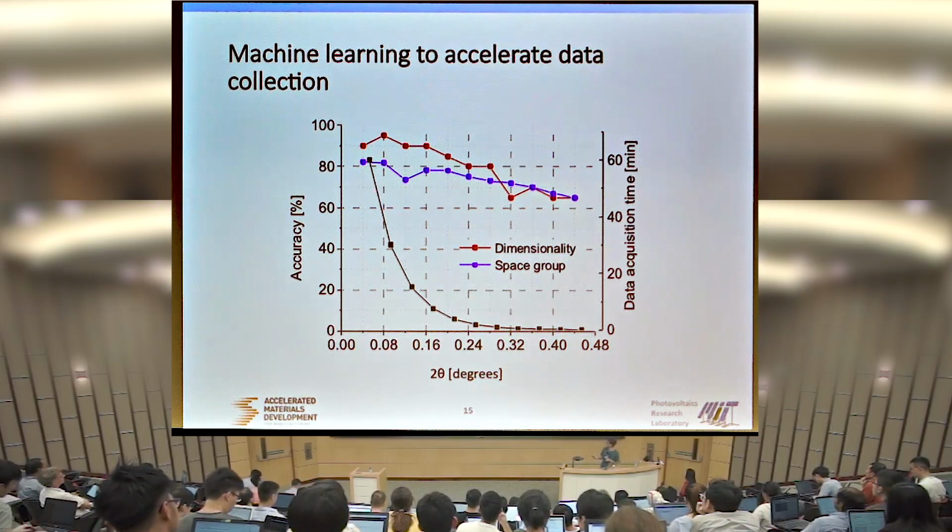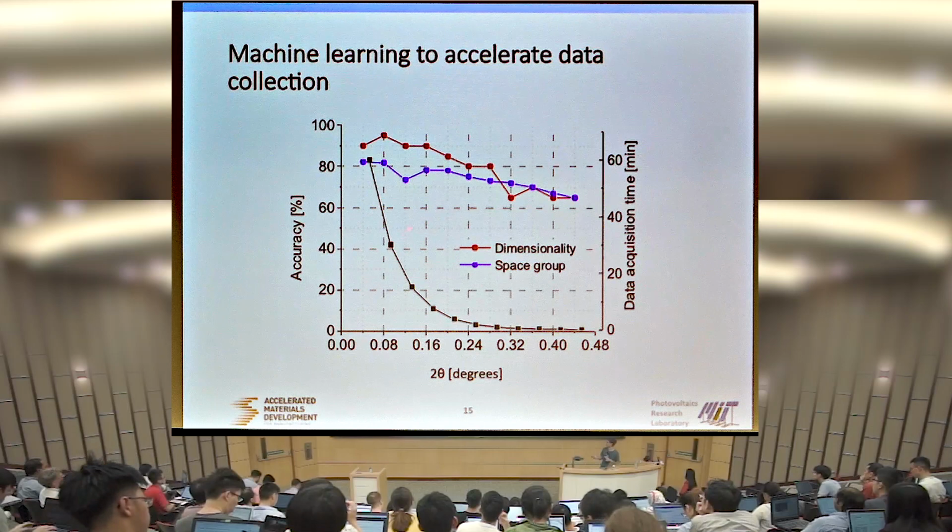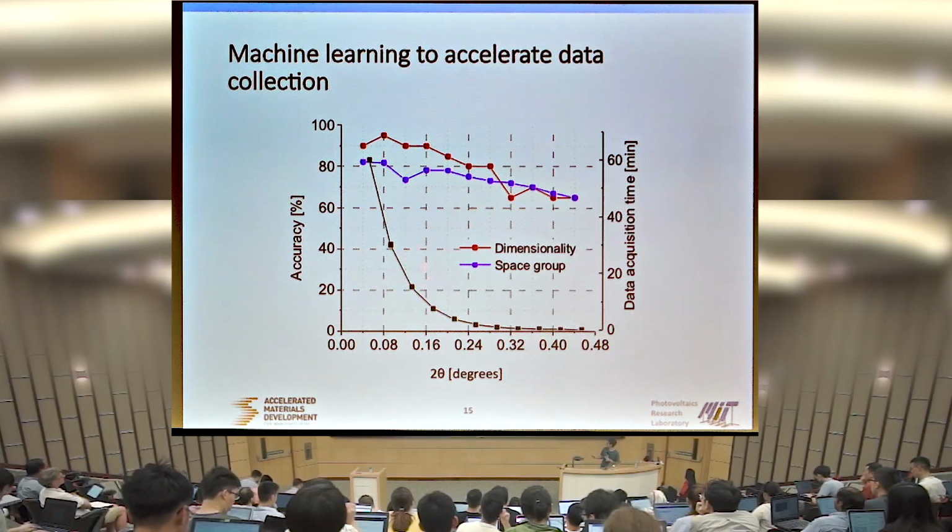Previously in our lab, we are always doing this measurement at 0.04 2-theta angles. So if we are using this machine learning algorithm, we can sacrifice a little bit of precision in the spectra we take, but by doing that, we can reduce the time by quite a lot.